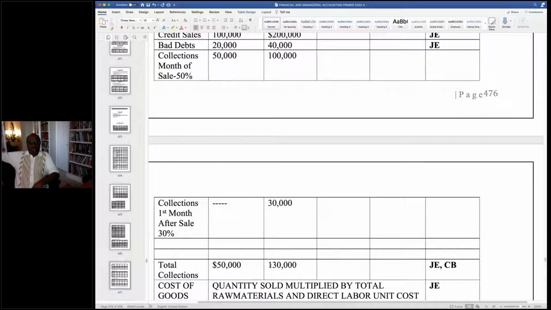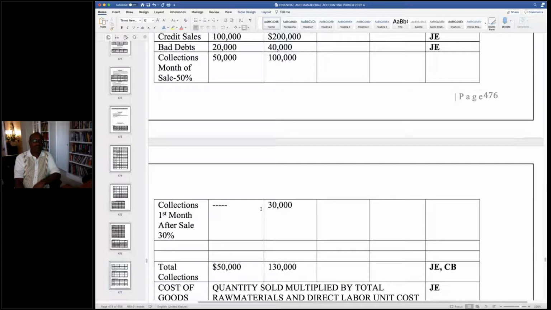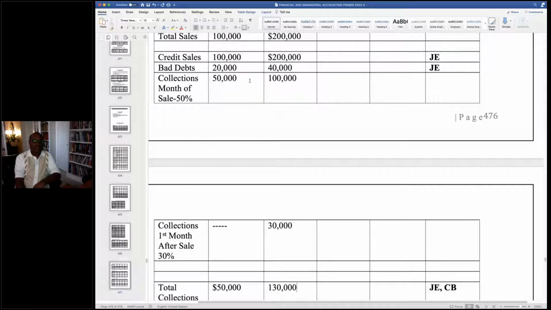Professor Boyd, I'm still confused on this collection first month. How did you get the 30,000? How did you get the 130,000? Well, how did you get the 30,000? I go counter corner. I take 30% of this number. Let me see if I got my drawing tool here.